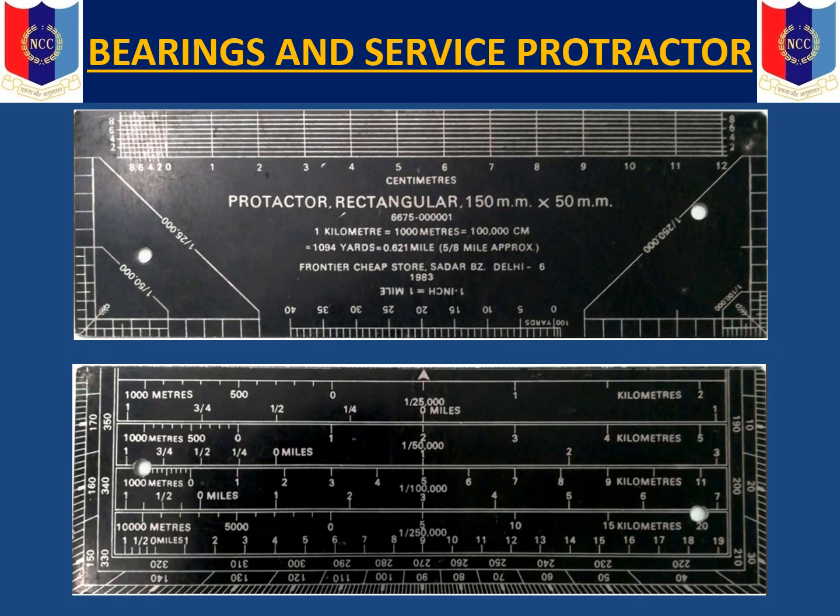Now if you see, this is the service protractor which we use for plotting the map readings or the compass readings. The length is 6 inches and it is 2 inches wide. Two sides of the service protractor, as you can see here. The main purpose of the protractor is to measure angles and bearings as described previously.